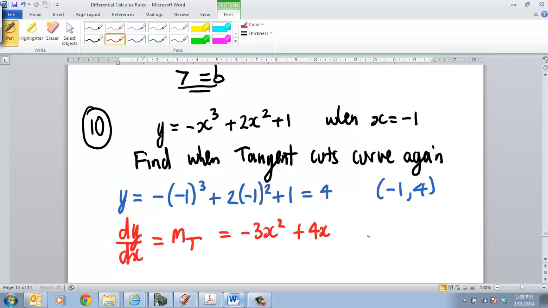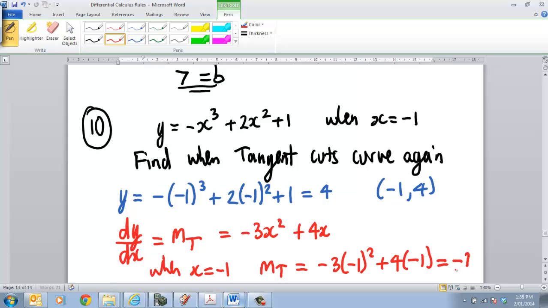Now obviously when x is equal to negative 1, that's what we're finding the equation of the tangent at. m of t is going to be equal to negative 3 times negative 1 squared plus 4 times negative 1. So that's going to give you negative 3 take 4, which is going to be negative 7. So that's the slope of my tangent.